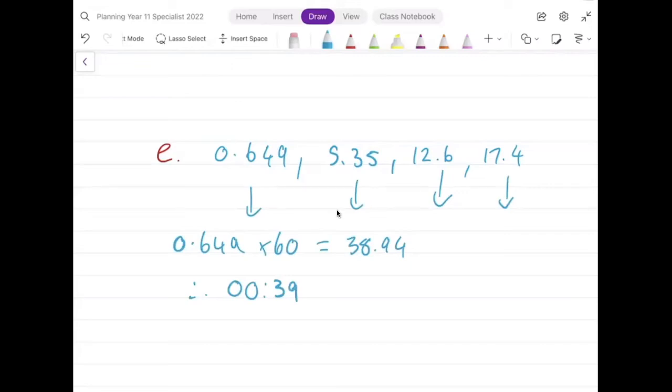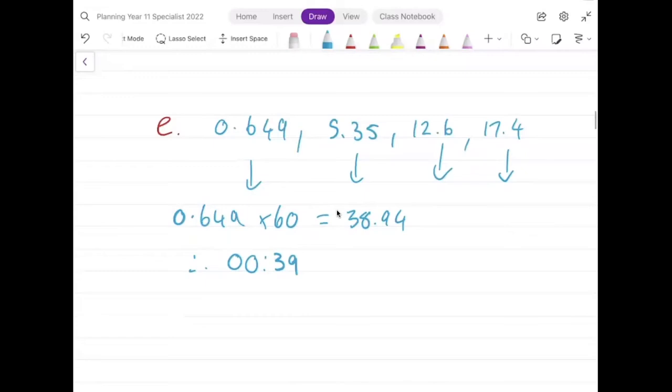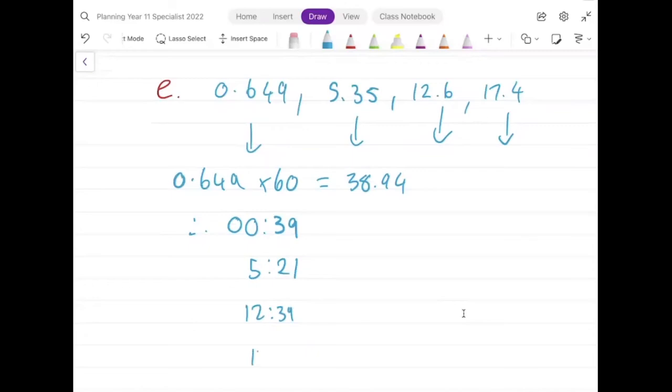If I do the same thing to my second one, well, I know I have 5 hours. So I just want to convert the 0.35 into minutes. If I times 0.35 by 60, I get 21 minutes. If I continue doing the same thing, I'm going to wind up with the following times. That's going to be 12:39, and that's going to be 5:21 or 17:21 if I continue to put these as 24-hour time.